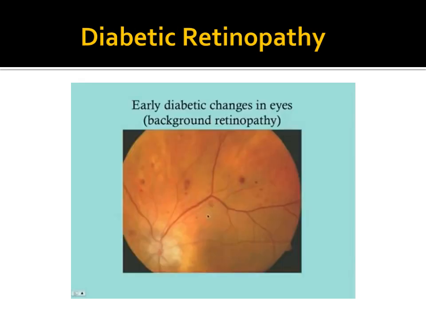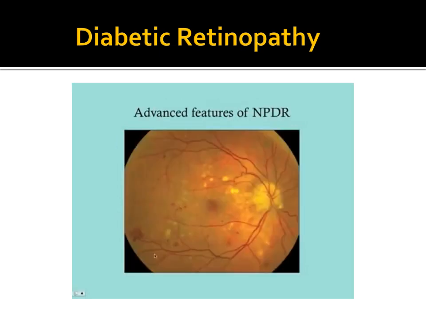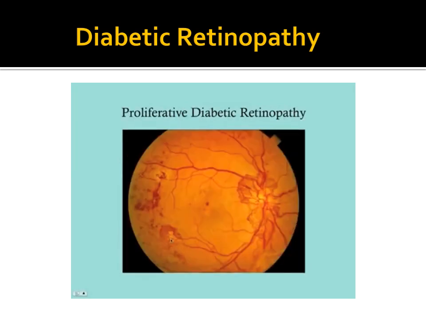Next, it shows diabetic retinopathy: hemorrhages, dot blot hemorrhages, microaneurysms. This is moderate to severe non-proliferative diabetic retinopathy showing exudates, cotton wool spots, dot blot hemorrhages and microaneurysms. This also shows features of proliferative diabetic retinopathy.